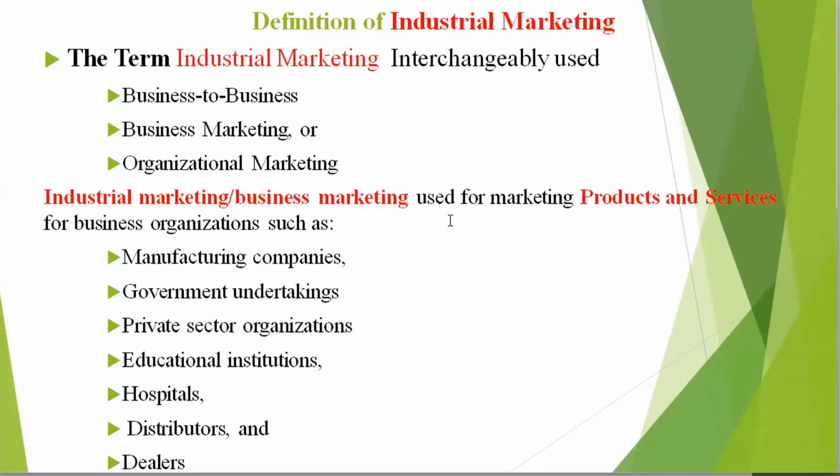So in this industrial marketing, the customers of the producer would be organizations or business organizations. In this case, the producer is a business and the buyer would be a business organization. So the marketing process is between business organization and business organization.